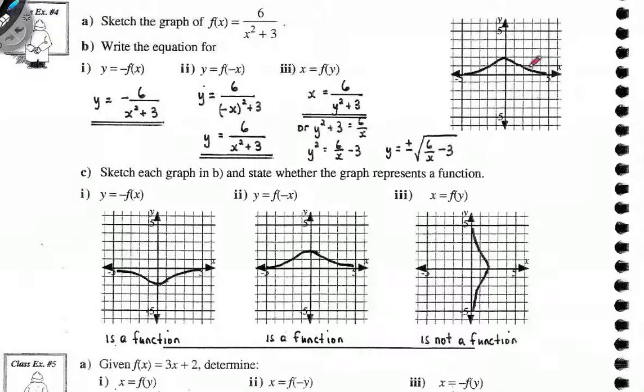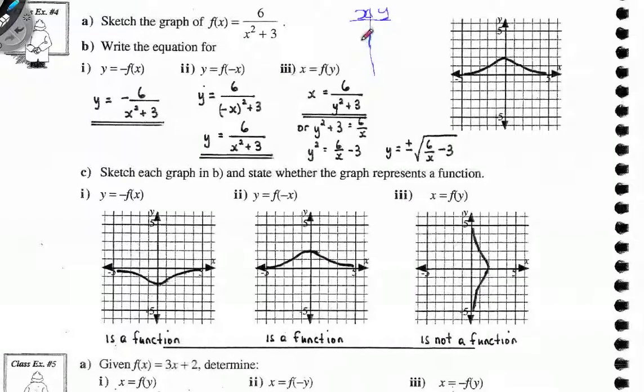Now, if you wanted to sketch this, I would just pick some values of x and plug them in and figure out what this is. So you're just going to have to do a table of values and find out what this could possibly equal.